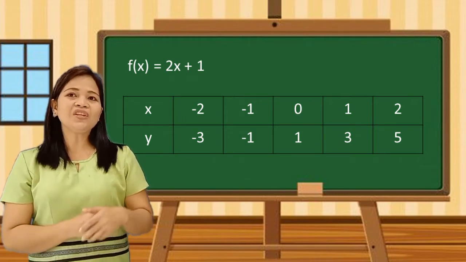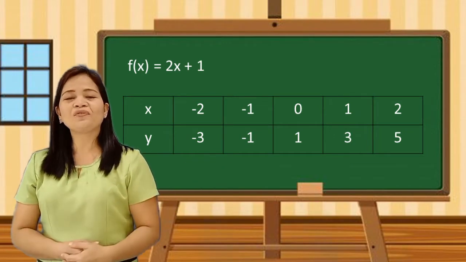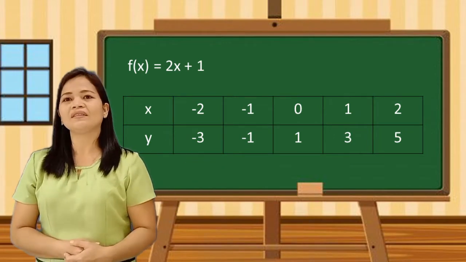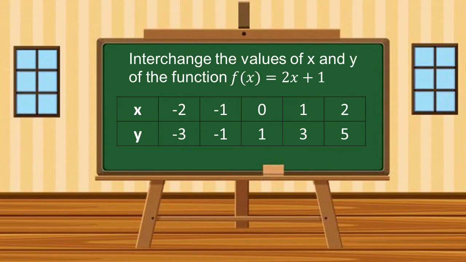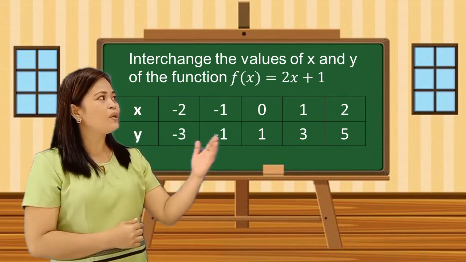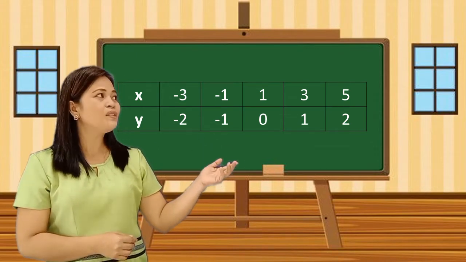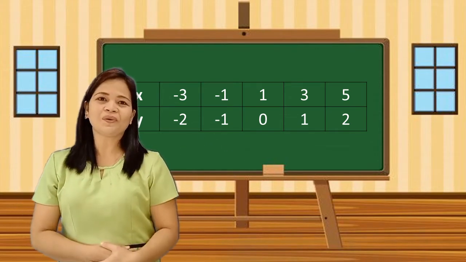Now, interchange the values of x and y of the function f of x equals 2x plus 1. You might have arrived at this particular table of values. Does the table still represent a function? Why do you think so?